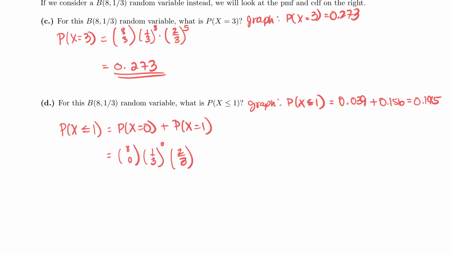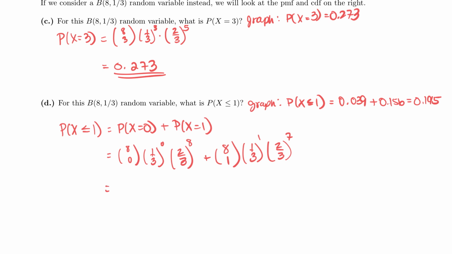If we don't have any successes, all of our trials, all 8 of them, are failures. And then we'll add to it, out of our 8 trials, we choose 1 success, times our probability of success 1/3 raised to the number of successes, which is 1, times our probability of failures 2/3 raised to the number of failures, which is 7.